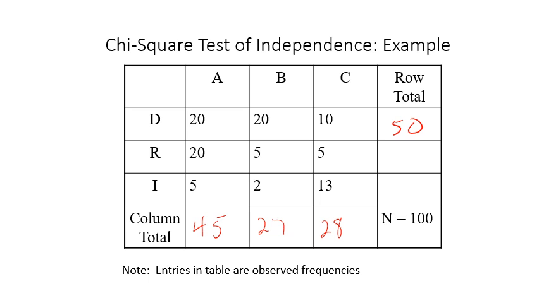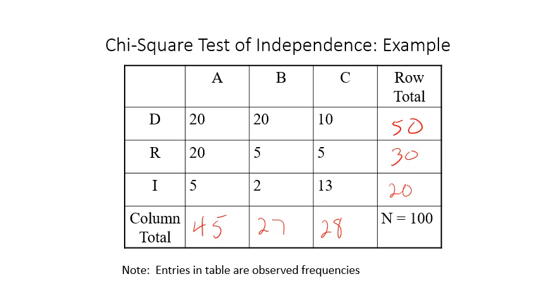Just make sure that adds up. Yep, it does. So, if you look here, 50 plus 30 plus 20 equals 100. 45 plus 27 plus 28 also equals 100. So we've got our row totals and our column totals.